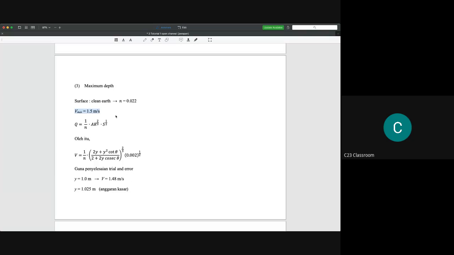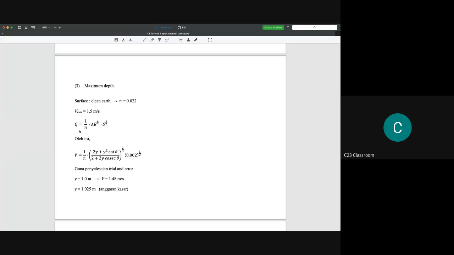Because we want to make a calculation about velocity here, you start your calculation with the Manning equation.